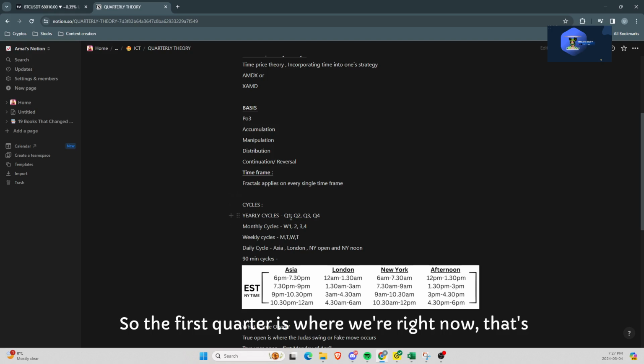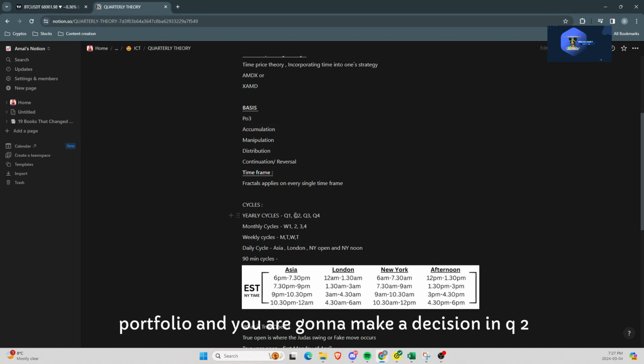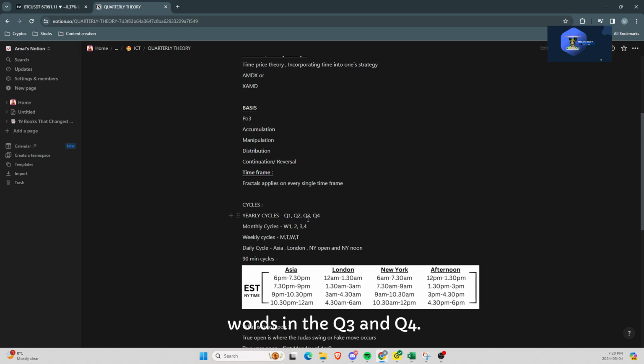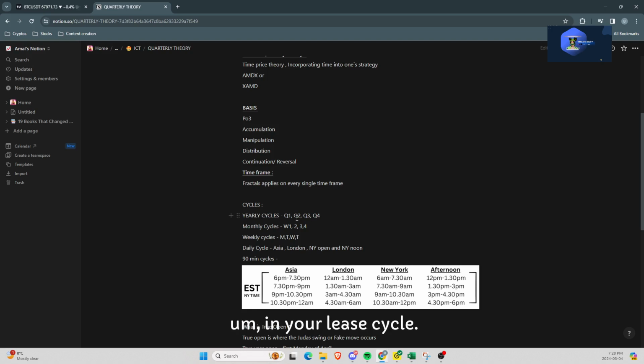The first quarter is where we're right now, January, February, March. In the first quarter, you are evaluating your portfolio, you make a decision in Q2 and rebalance your portfolio, and then you reap the rewards in Q3 and Q4. So you have to understand how it happens in the yearly cycle.